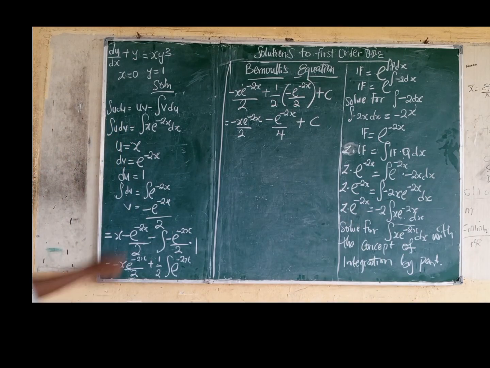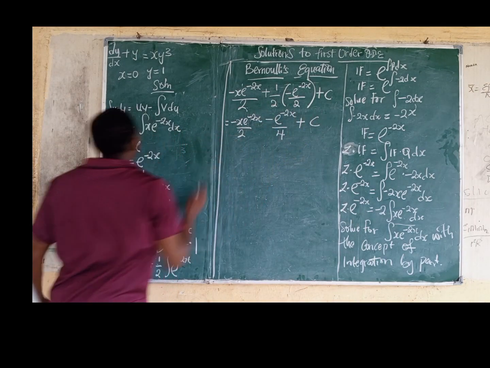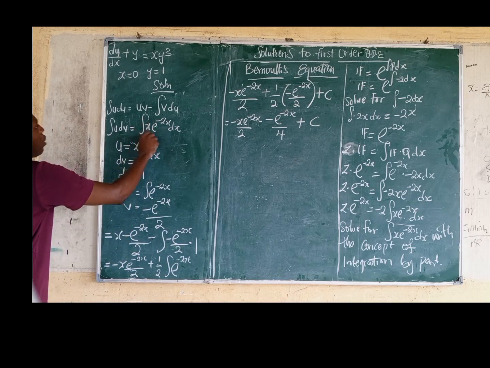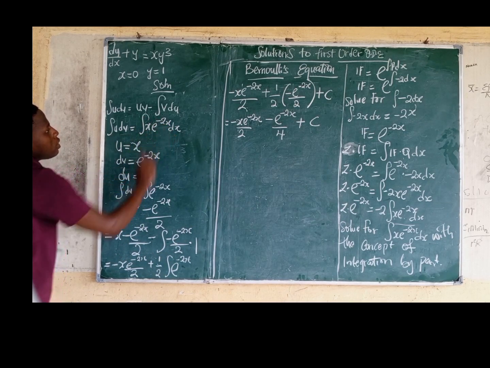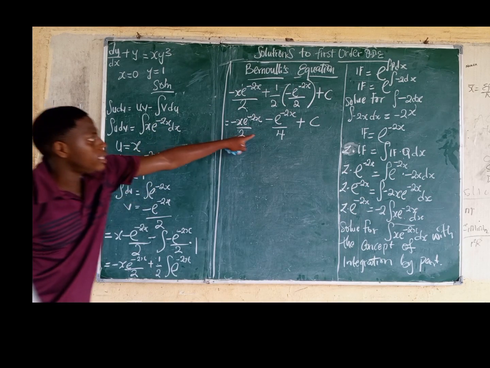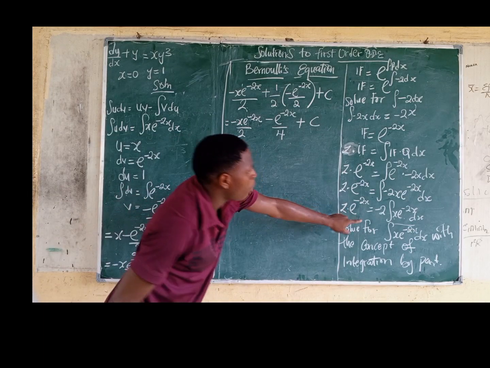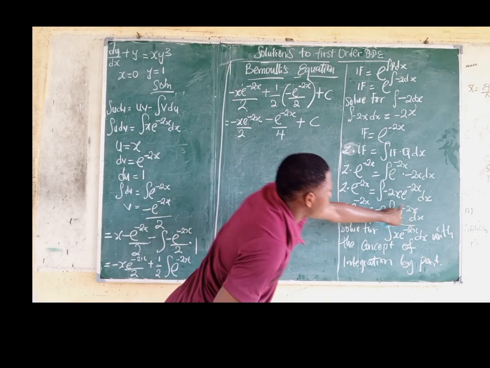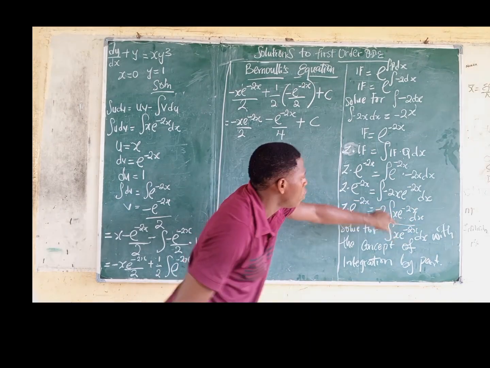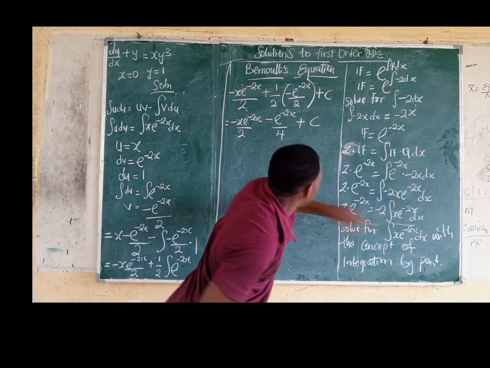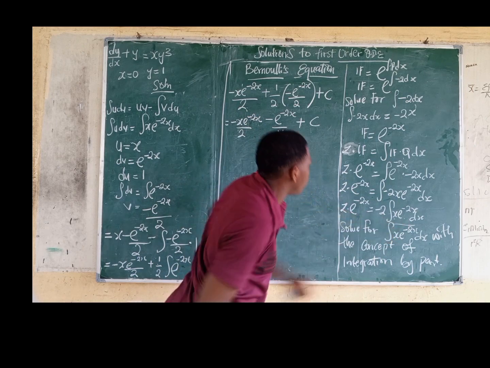But we know that everything we are solving for is the integral of x e^(-2x) dx, which is this. So we can say that we started from here, where we solved for everything here. This is what we've been solving for, so we've gotten it, and we can substitute this into this equation.